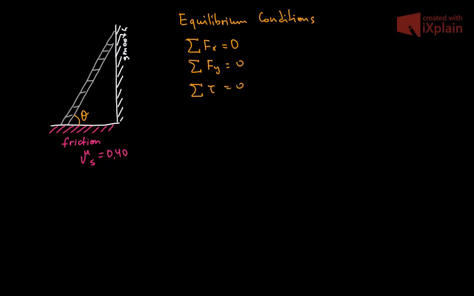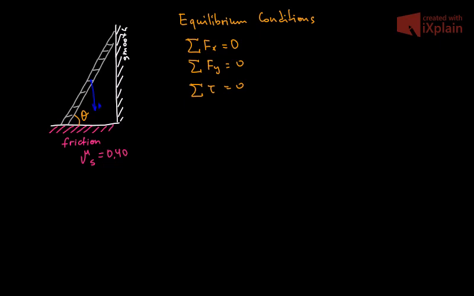To be able to use these equilibrium conditions, we have to figure out the forces that act on this ladder. The ladder is uniform, therefore its weight can be located at the center.